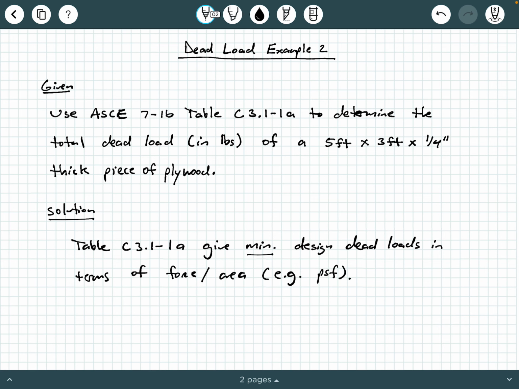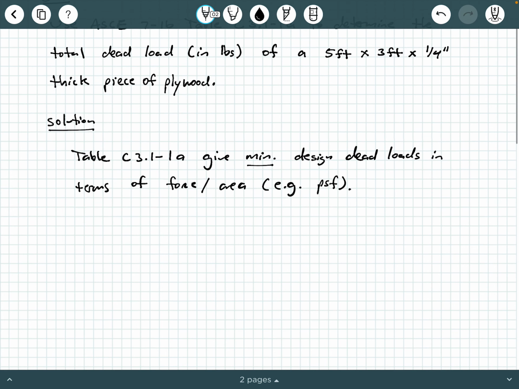You have to keep that in mind. Whereas the other table that we may need to use sometimes, C3.1-2, gives unit weights. So it's a different kind of property.